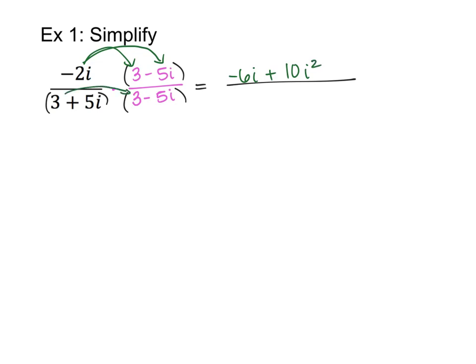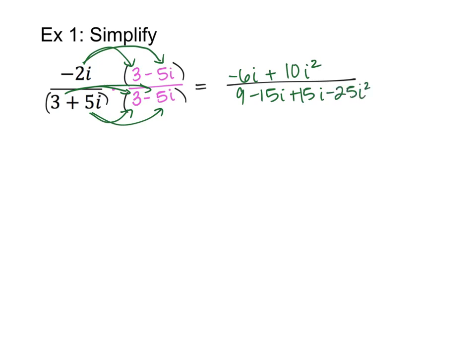Then I would move on to the bottom. 3 times 3 gives me 9. 3 times negative 5i gives me negative 15i. And then 5i times 3 is positive 15i. And then 5i times negative 5i is negative 25i squared.